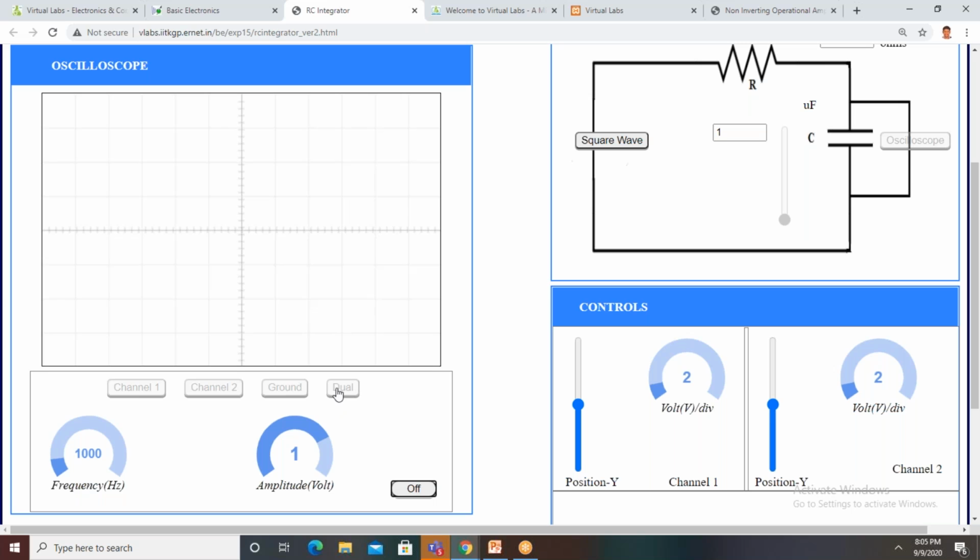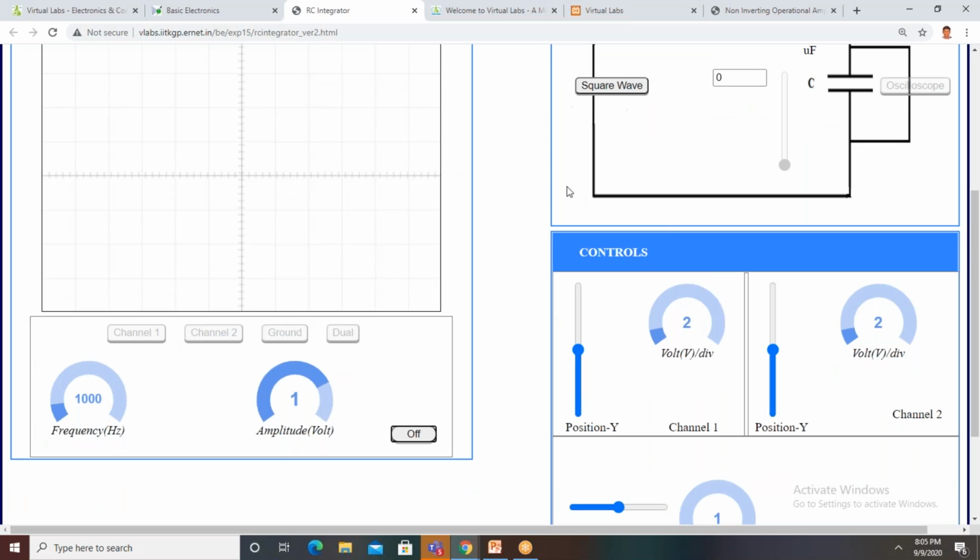Is it clear? Yes, sir. Here, if it is off, the screen is not available. It is empty. So you click on. Now the screen is available. Here we have the controls: time per division and voltage per division. Two control knobs are available in our CRO. Do you remember that in our CRO?